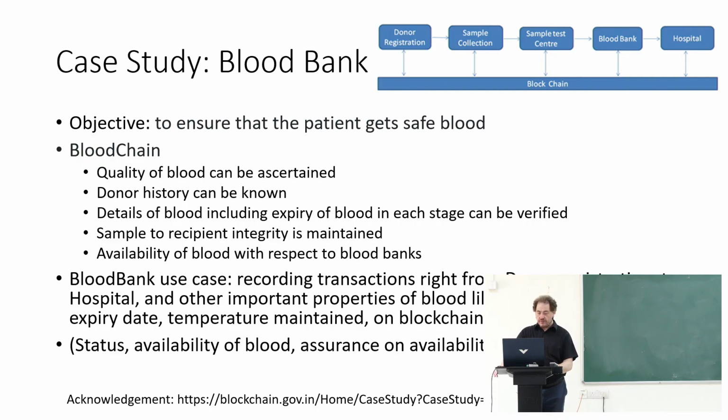So in this use case, the idea is to record transactions right from donor registration to hospital, and other important properties of blood like group testing and temperature maintained, and store all this information on chain, or again maybe in a hybrid system, but with the help of the chain.